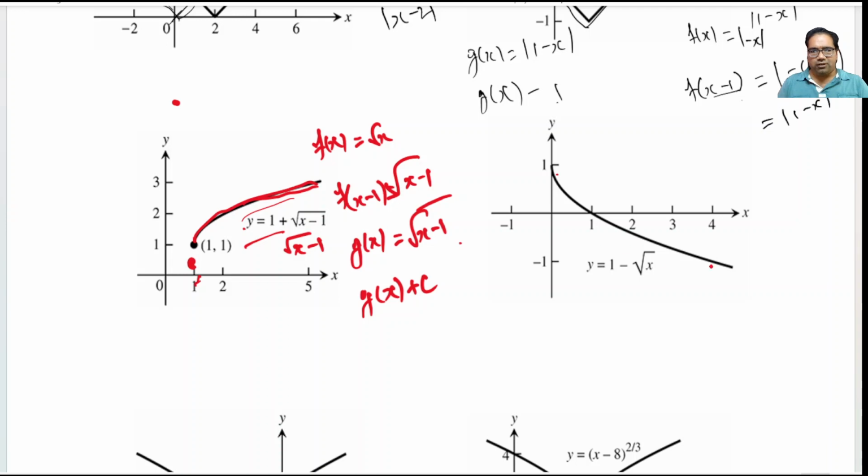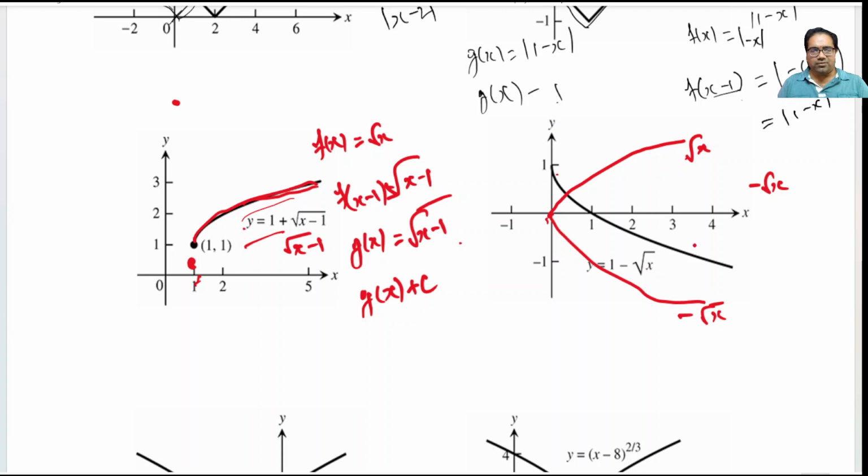Similarly, what is 1 minus root x? Root x is something like this. What is minus root x? Minus root x is the same graph, which is a mirror image, reflected over the x-axis. That is this graph.